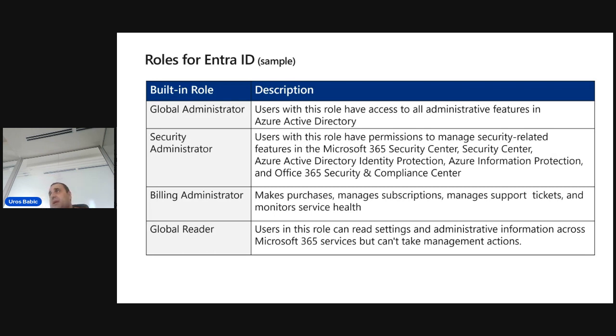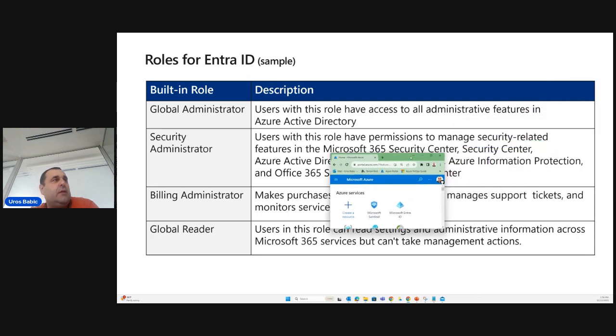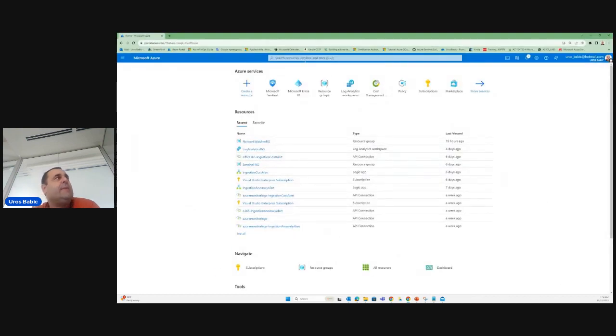Administrator can be assigned for the purpose of adding and changing users and administrative roles. Default user permission can be changed only in user settings in Azure Active Directory. And we can define, for example, I can share my screen and go back now in Entra ID.